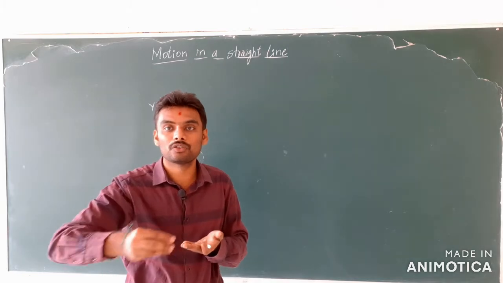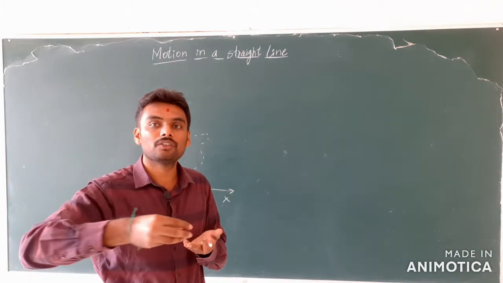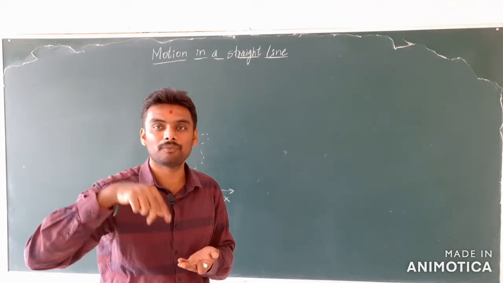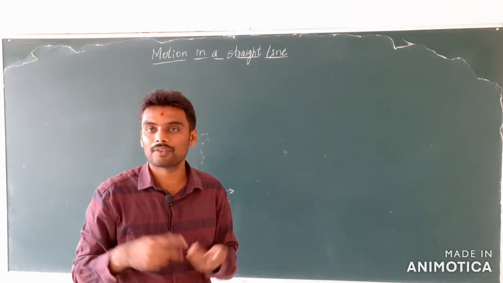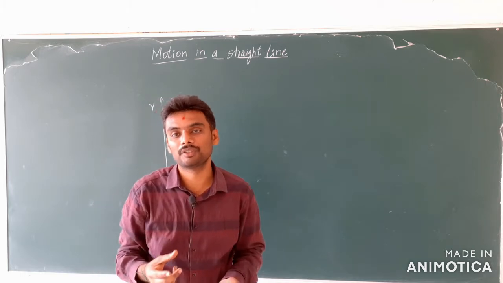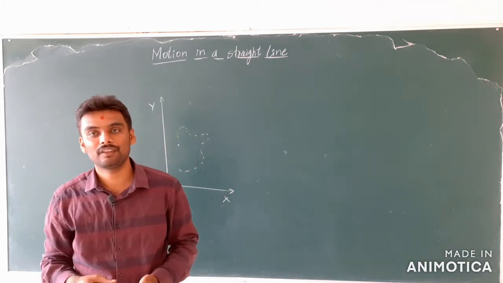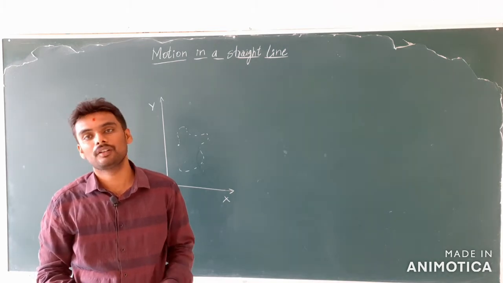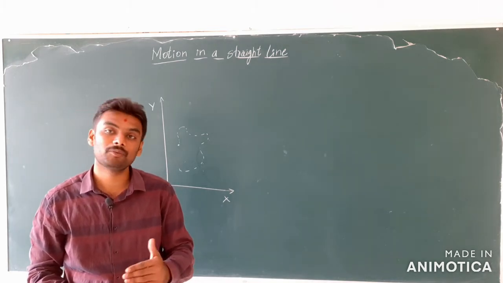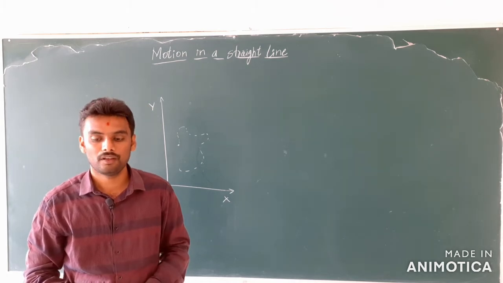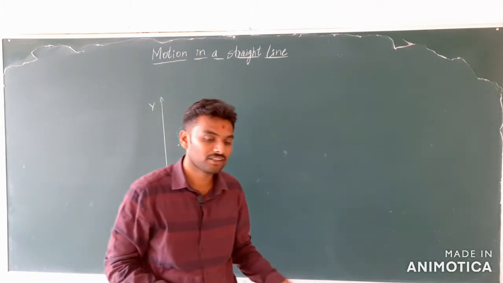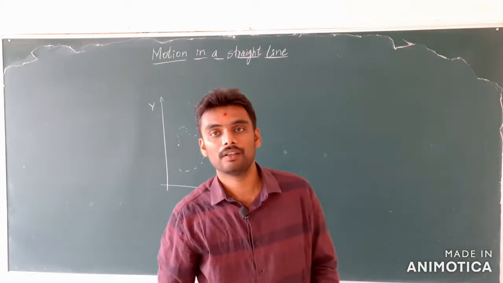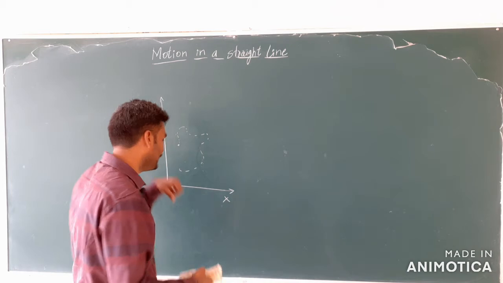The bird can also move like this. So, the bird has three-dimensional freedom to move. That kind of motion of the bird in three dimensions is considered to be motion in space, or three-dimensional motion.